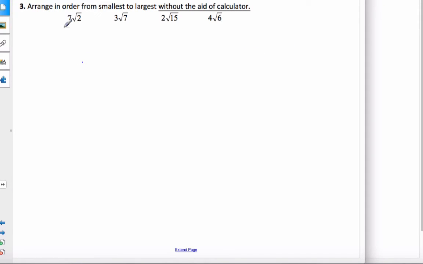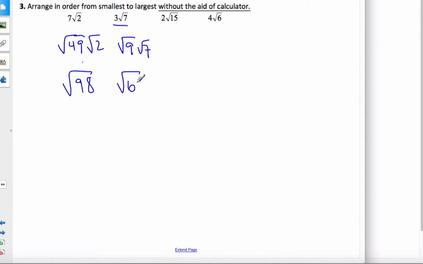So I'm going to work backwards now. I'm going to put this underneath the square root, and I can do that by squaring it. 49 times root 2 is 98. Looking at this one, putting the 3 under the root is 9 root 7, and so that becomes root 63.